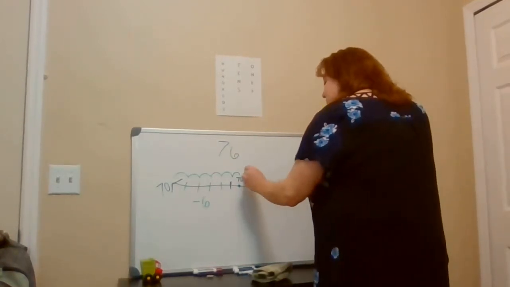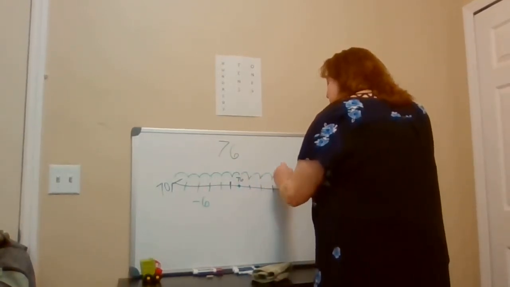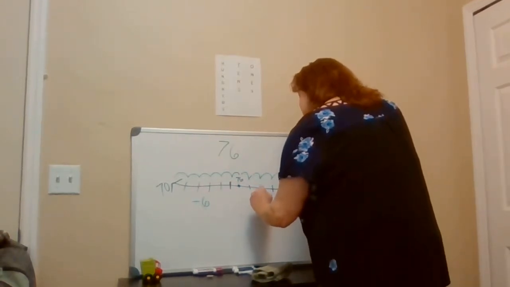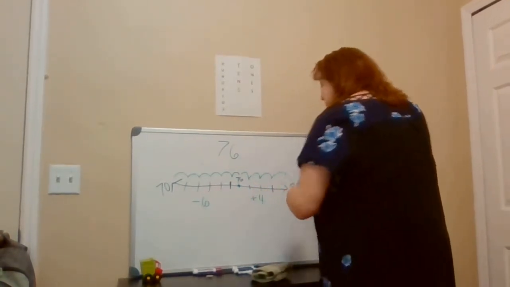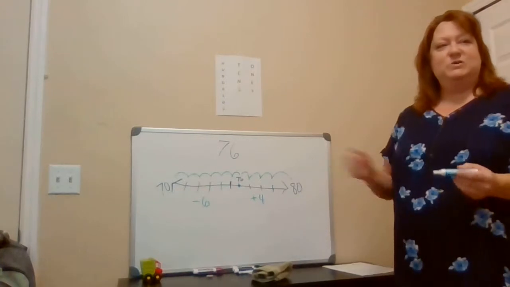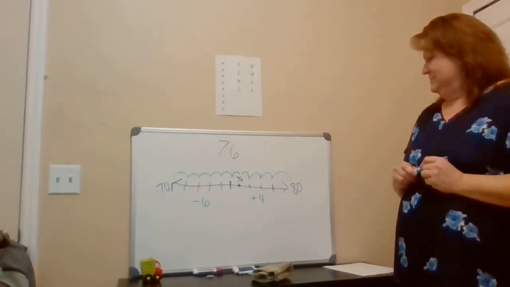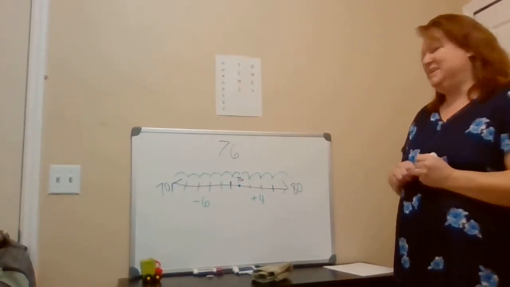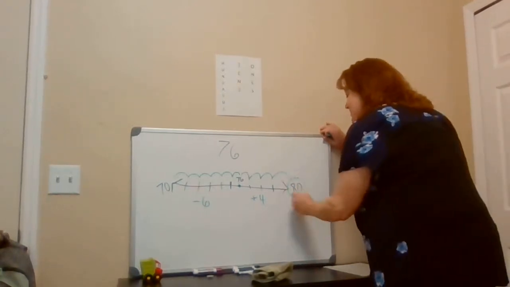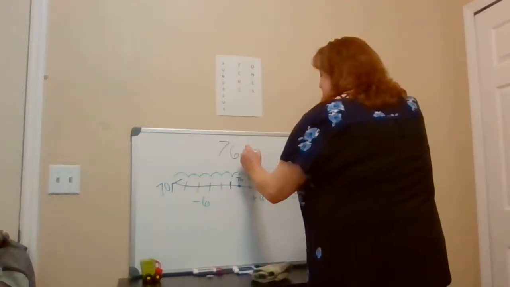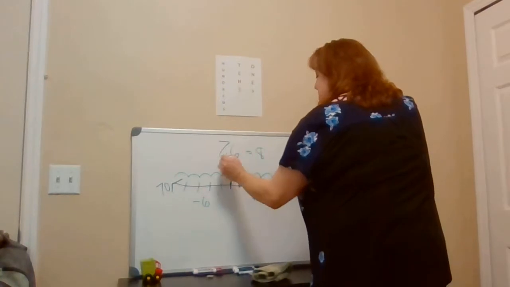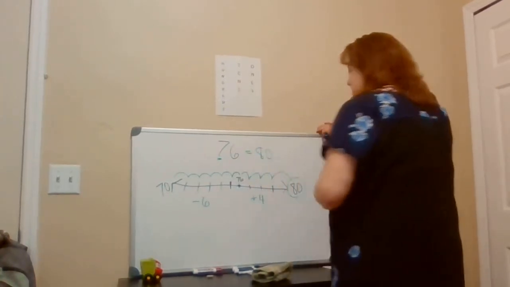Now if we went forward, 1, 2, 3, 4. So 76 plus 4 is 80. So which one are we closer to? Very good, 80. So rounding 76 to the nearest 10 would be 80.